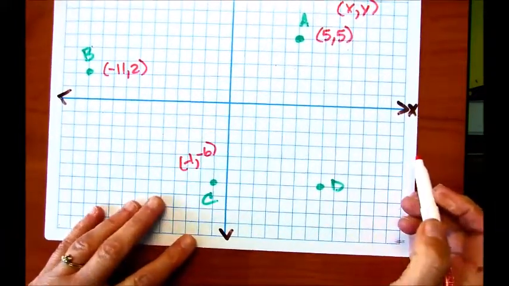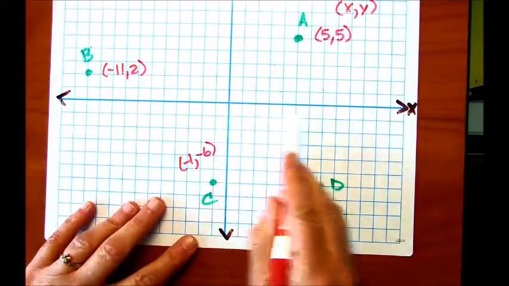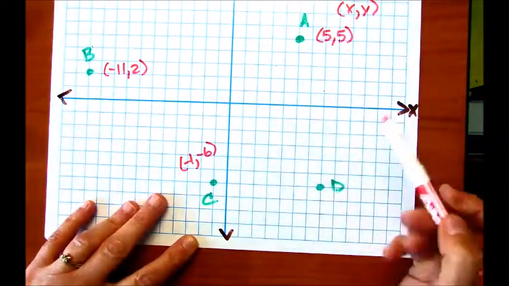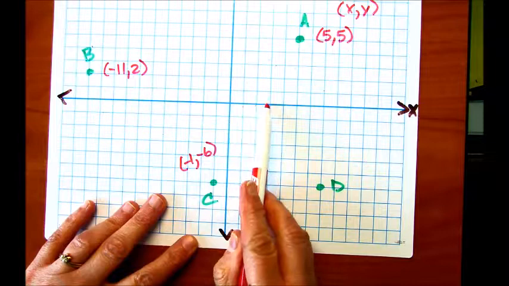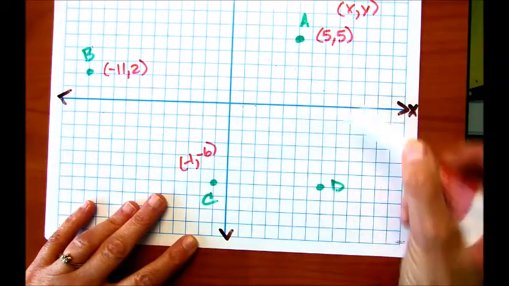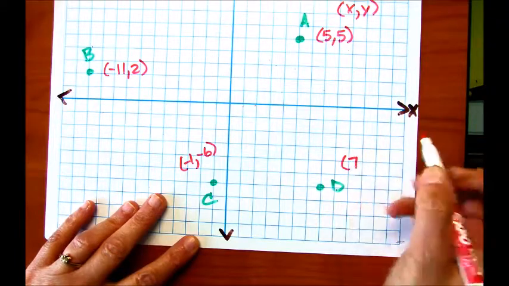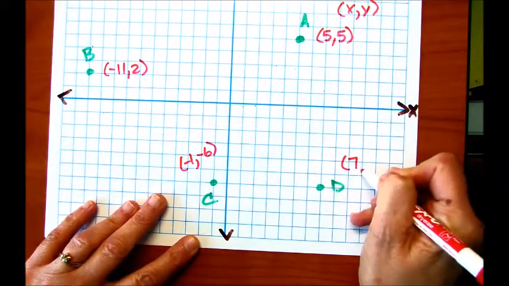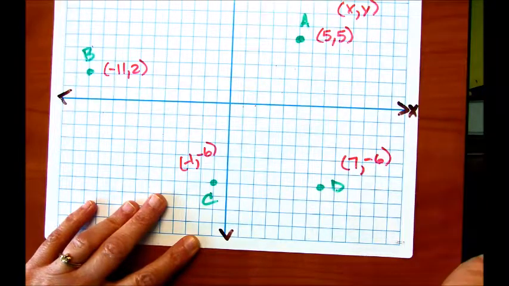And for D, we're going to have a positive x value, but a negative y value. So 1, 2, 3, 4, 5, 6, 7. 1, 2, 3, 4, 5, 6. So negative 6.